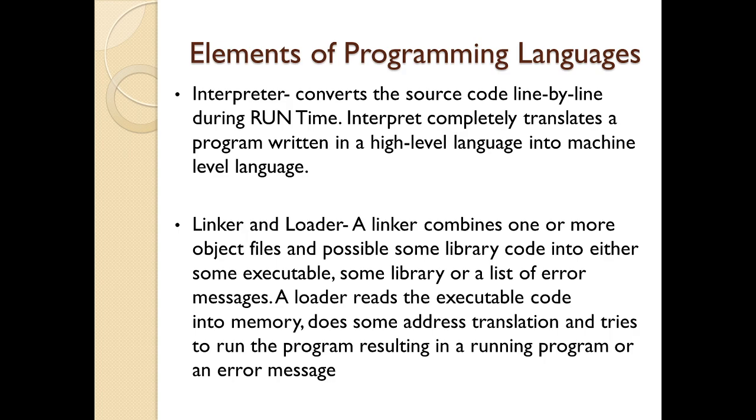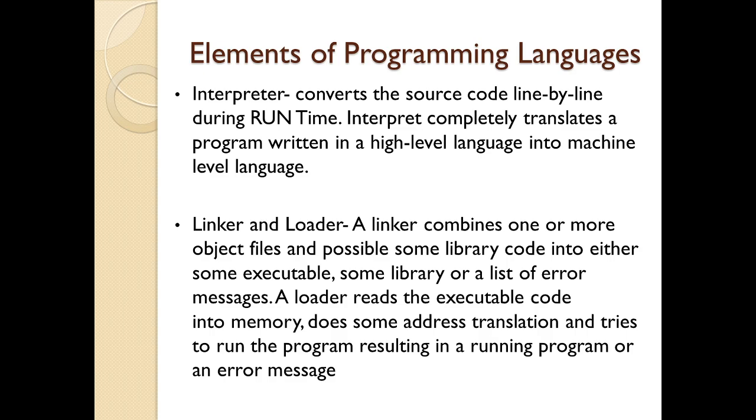The remaining elements of programming languages: an interpreter converts the source code line by line during runtime. An interpreter completely translates a program written in a high level language into machine level language. Linker and loader.